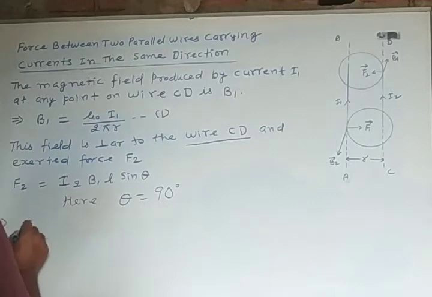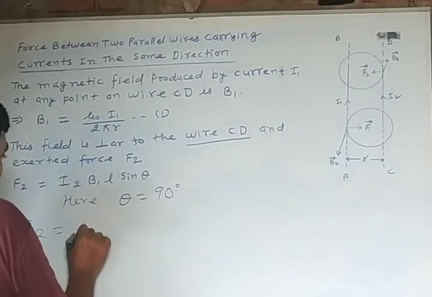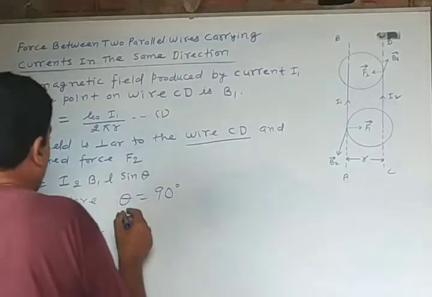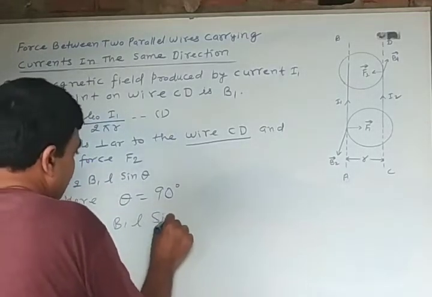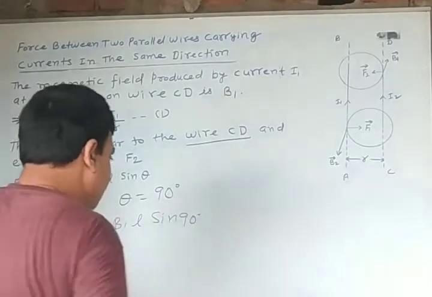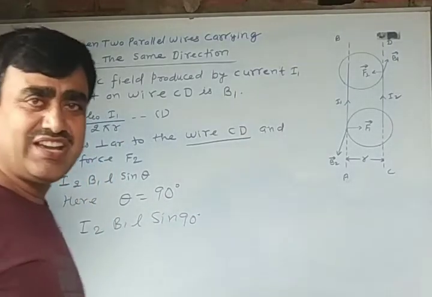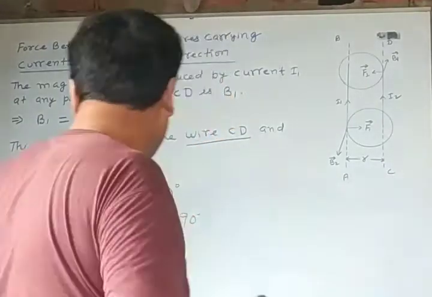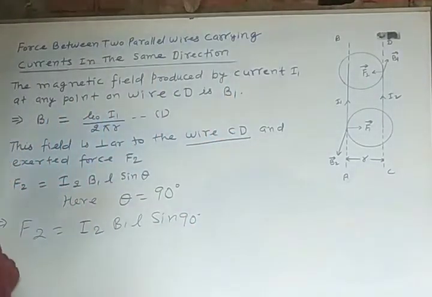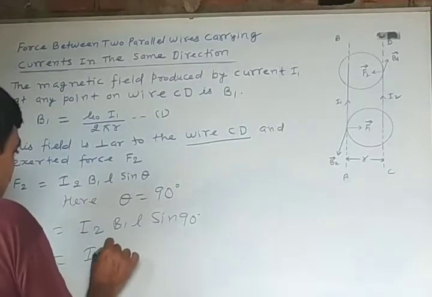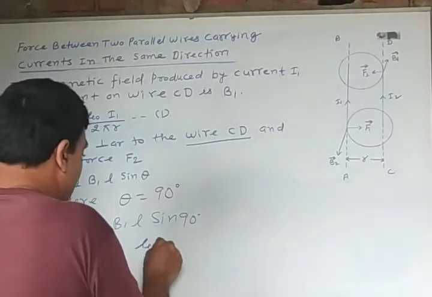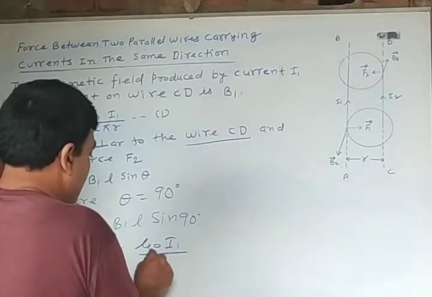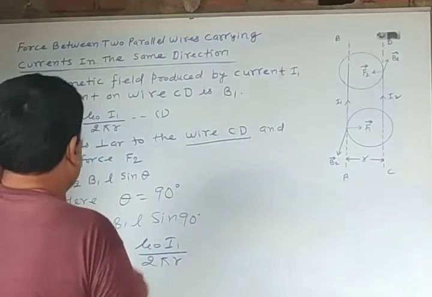Therefore F2 is equal to I2 B1 L sin 90 degrees. What is the value of sin 90 degrees? 1. That implies F2 is equal to I2 into B1, where B1 is mu naught I1 upon 2 pi r.